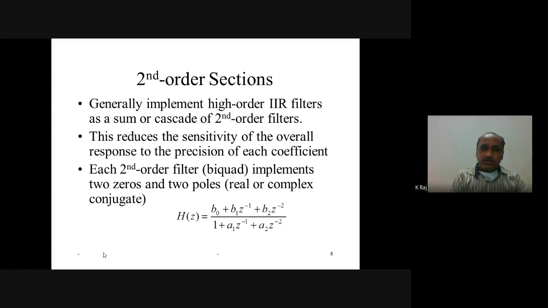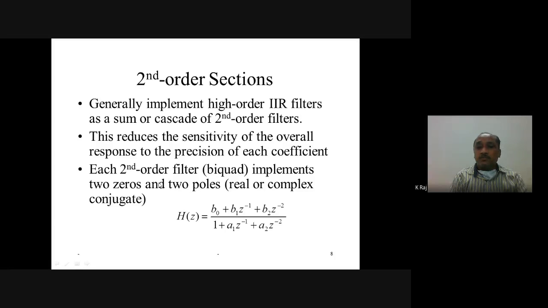Because it reduces the sensitivity of the overall response to the precision of each coefficient. Due to this, we consider the breakup into FOS and SOS, first order section and second order section. The first order section will be only one section if the order is odd, and if it is even, naturally there will be only second order sections.